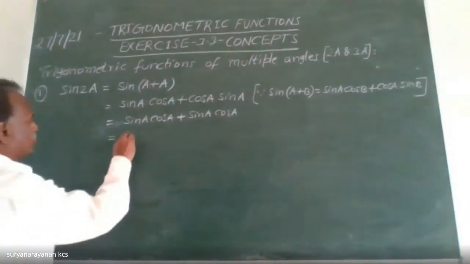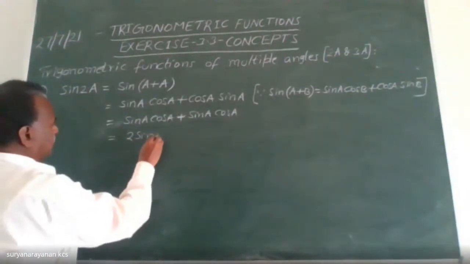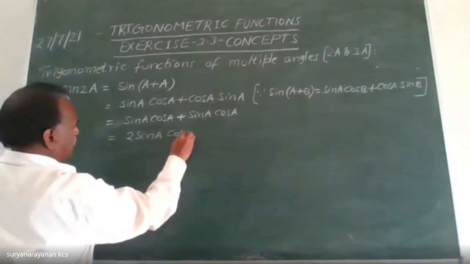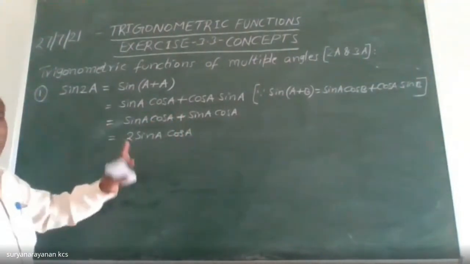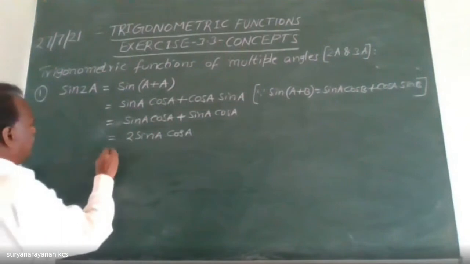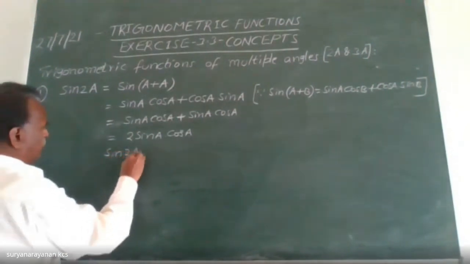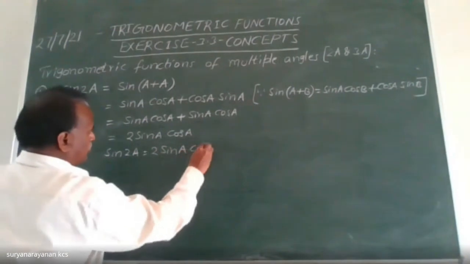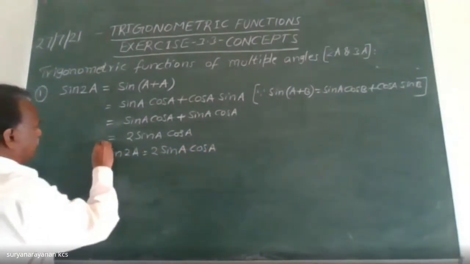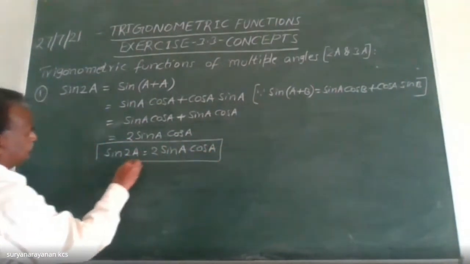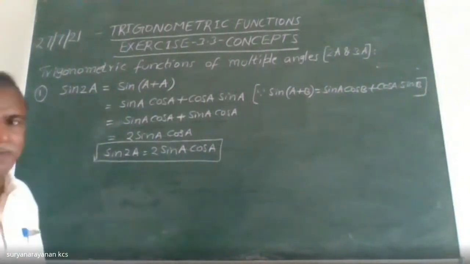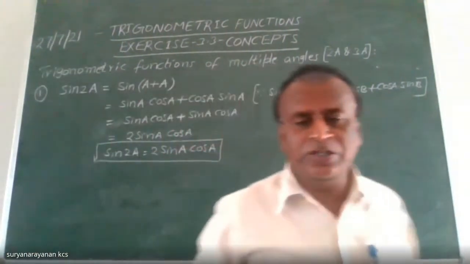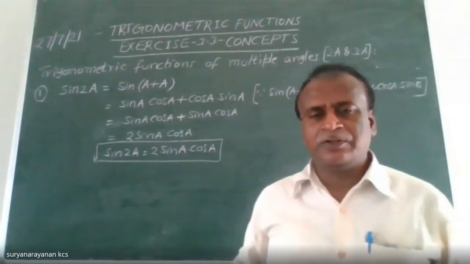So 2 sin A cos A. This is one formula: sin 2A is equal to 2 sin A cos A.